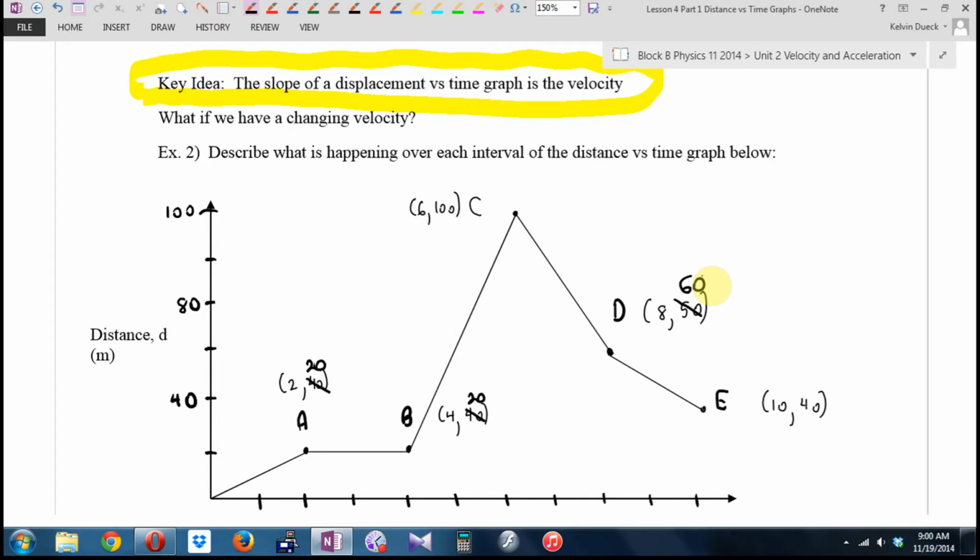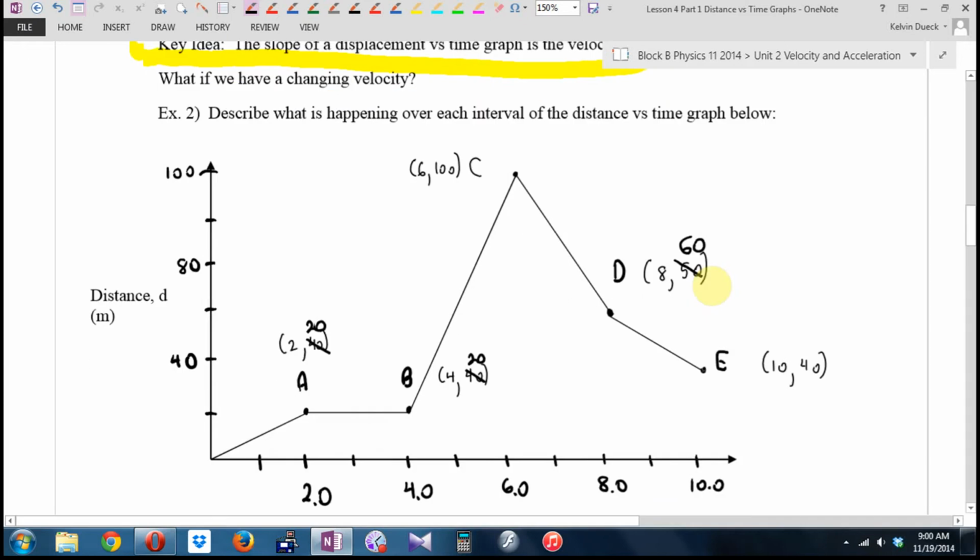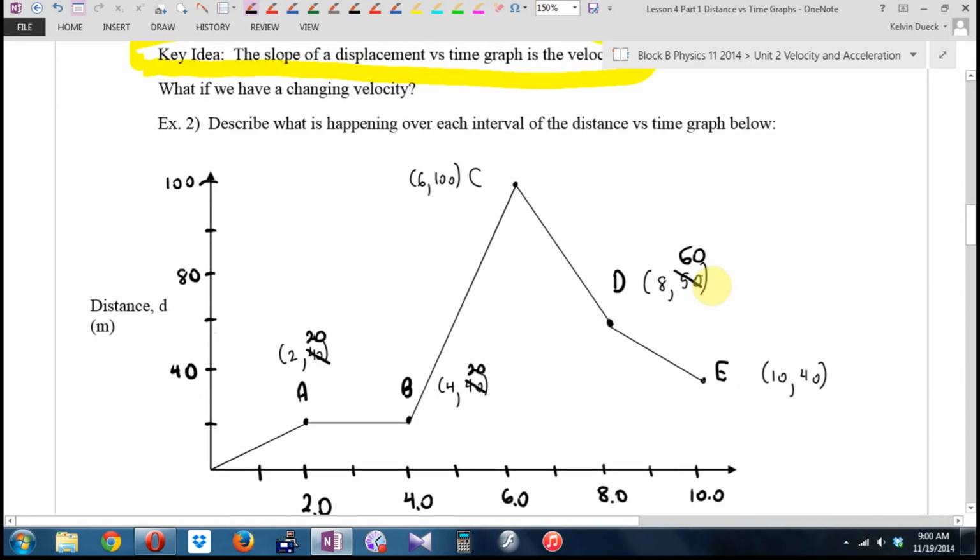So you ready? I wrote down here, describe what's happening in each interval over the distance versus time graph below. So let's use arrows and let's point right here first of all. Direction. First of all, are we moving or are we standing still? Moving. Forwards or backwards?